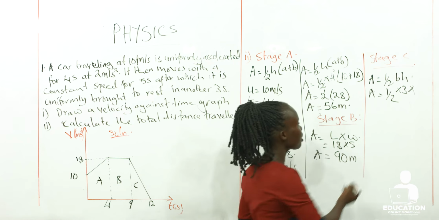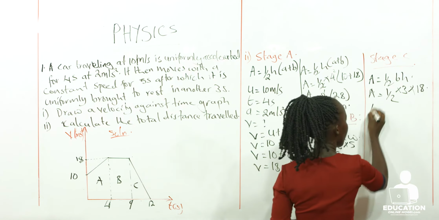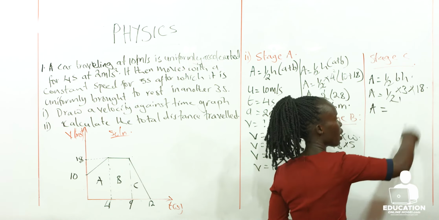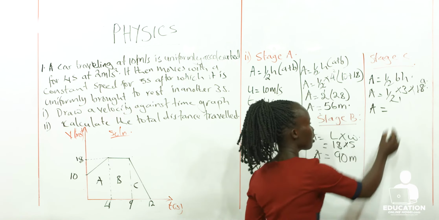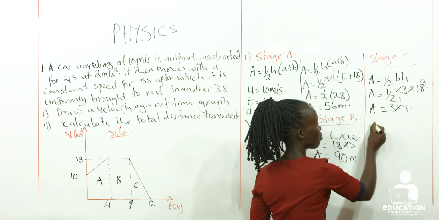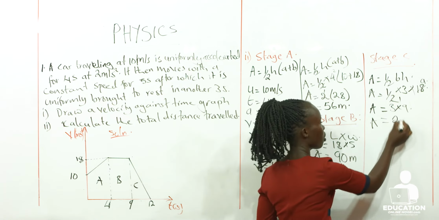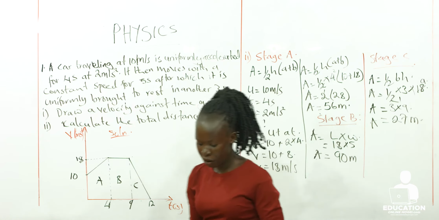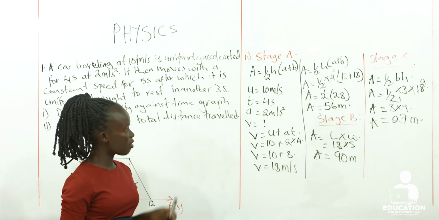So we shall have 18. Our A is equal to 1 over 2, divided by 2 we shall have 9. So 3 times 9, what is 3 times 9? We shall have 27 meters.